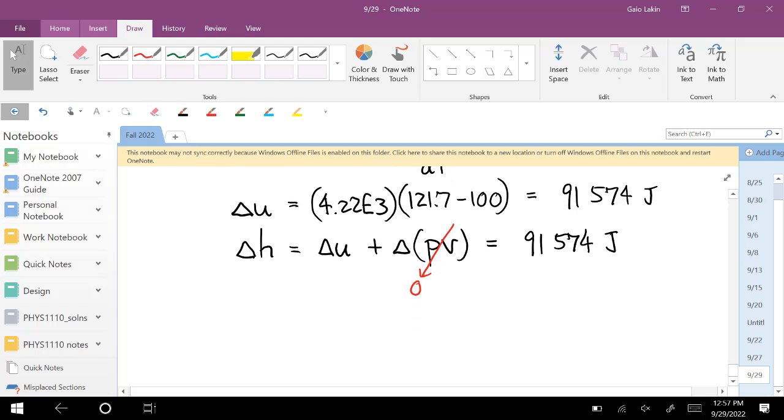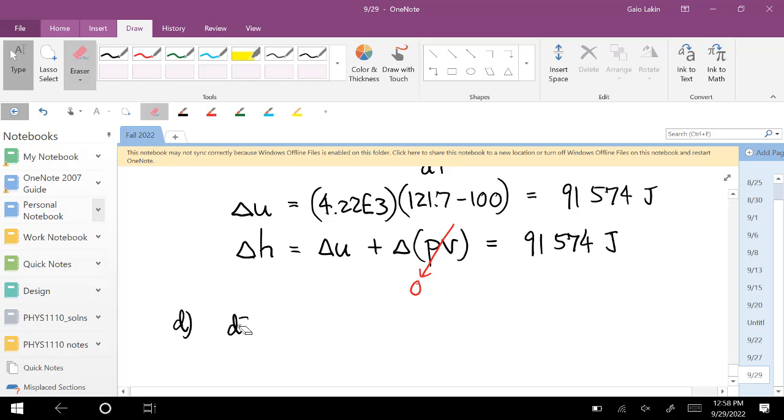And then D, it asks how much heat has to be added. Are we given... oh yeah, it's 10 kilograms. Okay, so how much heat has to be added?